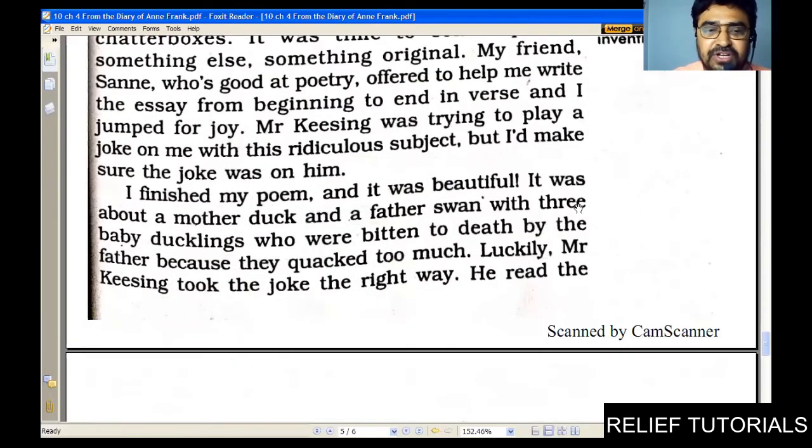I finished my poem and it was beautiful. It was about a mother duck and a father swan. That is the theme of the poetry, with 3 baby ducklings, the young ones of a duck, who were bitten to death by the father because they quacked too much.